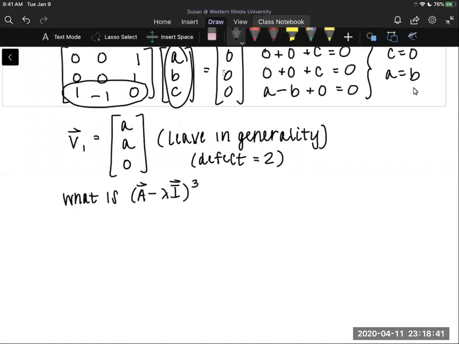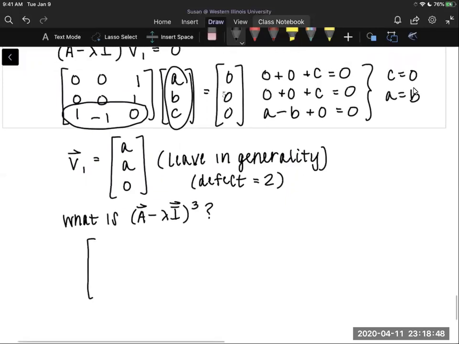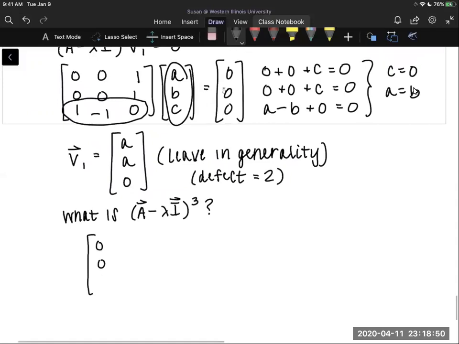(A minus lambda I) cubed is going to be this matrix that we just had up above, and then we want to multiply it by itself 3 times.